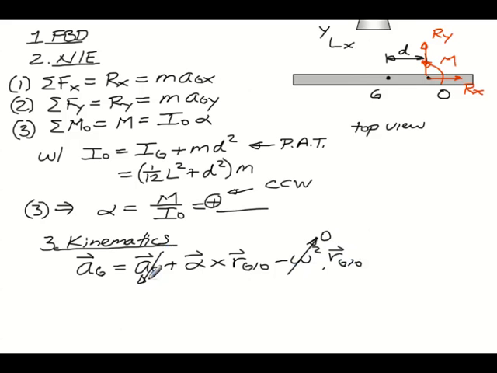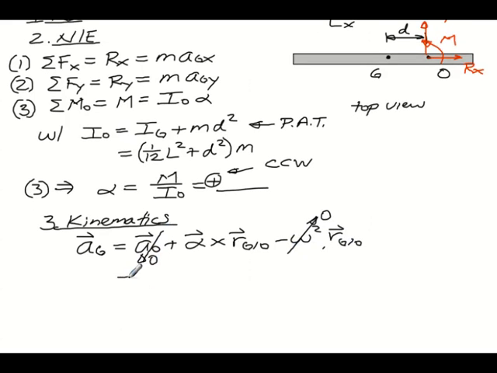O is a pin joint or a shaft, so it doesn't move, so there's that. Alpha, we assumed a plus sign here when we wrote down the moments about O, plus k. We'll have to do the same thing here.